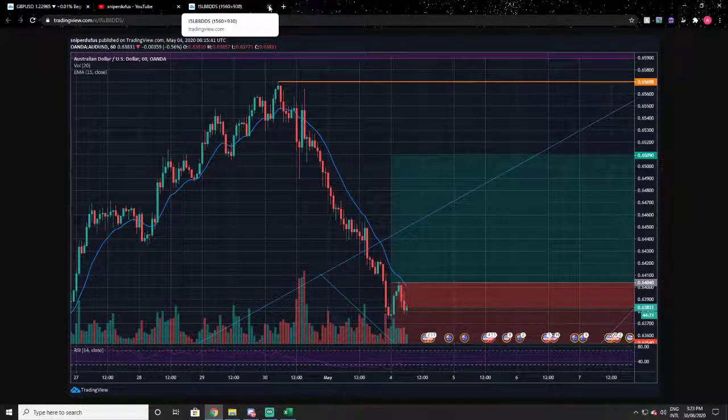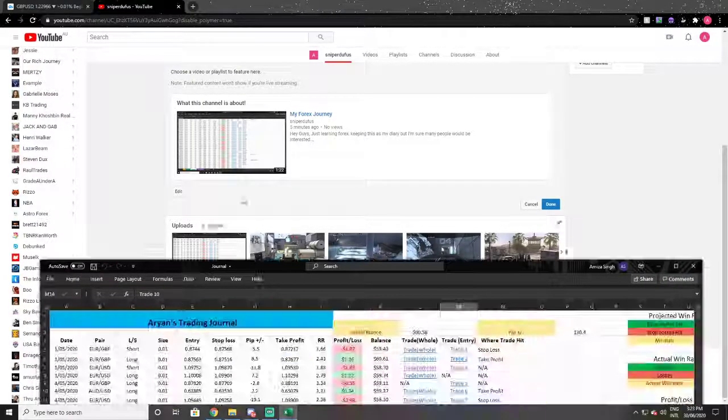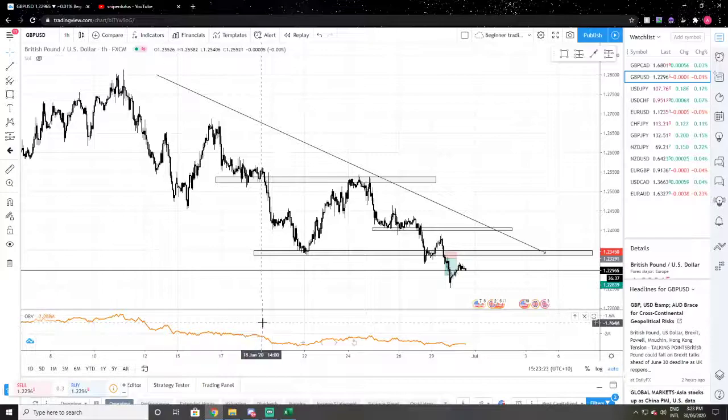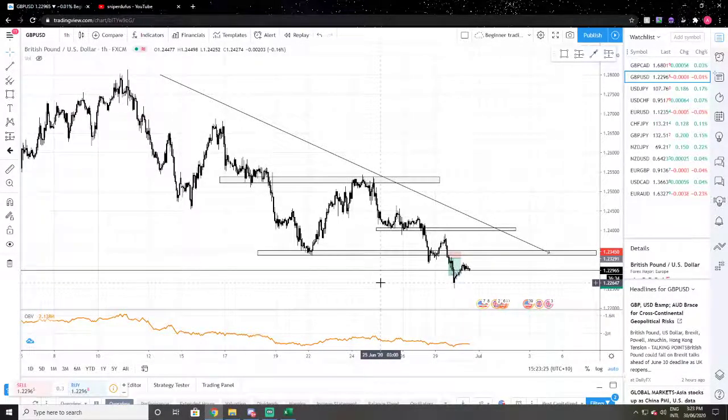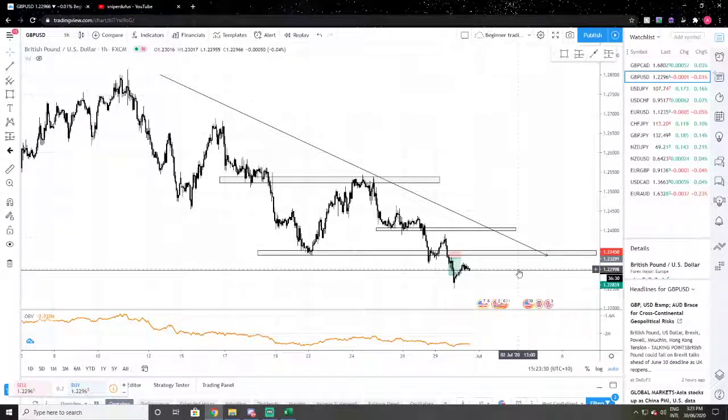And if I look at my trades now, oh whoops, what am I doing? Oh yeah, if I look at my trades now, look at that, it's so simple. I don't actually use OBV, I just have it there because it looks kind of nice. Anyway, what I do is I just look for the trend and then highlight a key level and a break and retest.